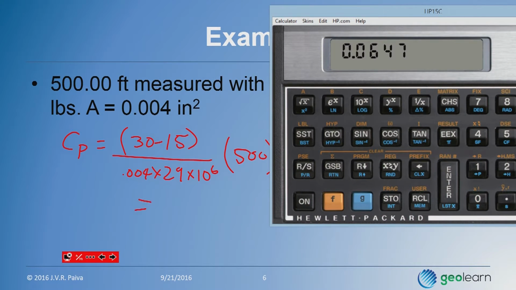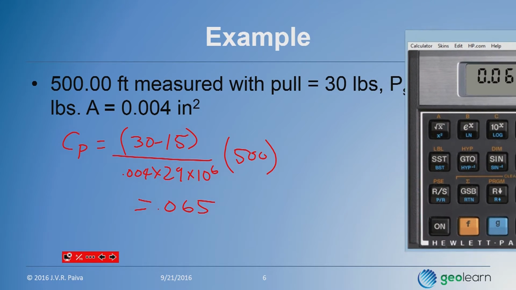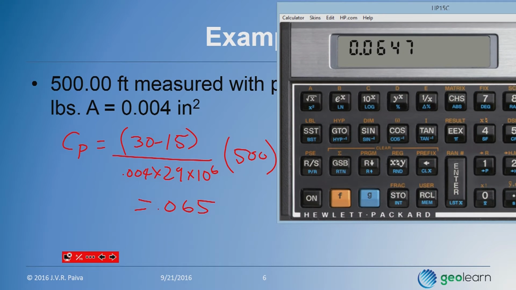So I'm going to call it 0.065. And now that we're done with all the calculations, I can round it now to 0.07 and add that to the 500, because in this case we have some pull. So the answer would be 500.07.